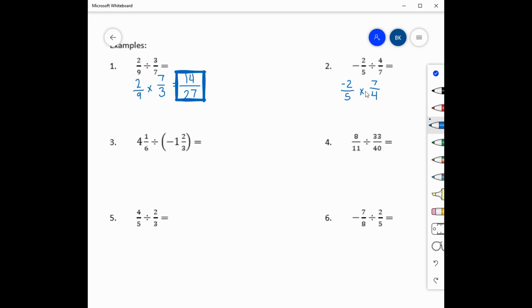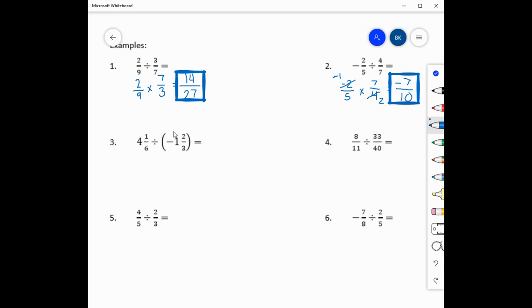If we simplify diagonally, negative 2 and 4, we can take out 2. So it becomes negative 1, and 4 becomes 2. Now we can multiply straight across. Negative 1 times 7 is negative 7, and 5 times 2 is 10. So we get negative 7/10.